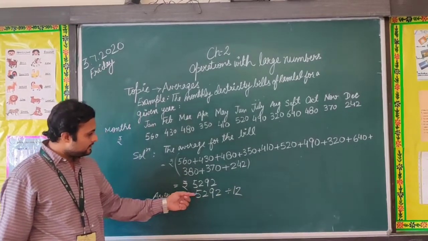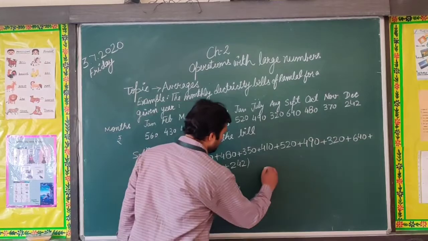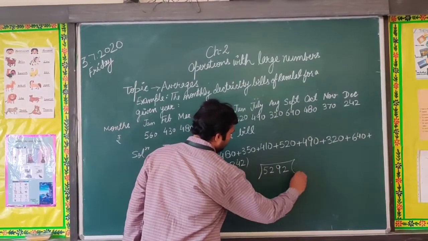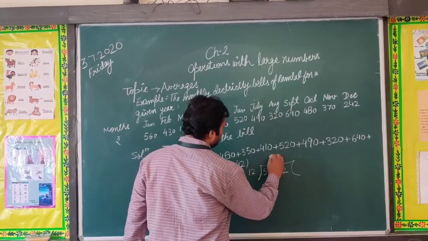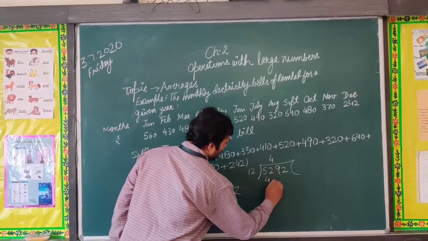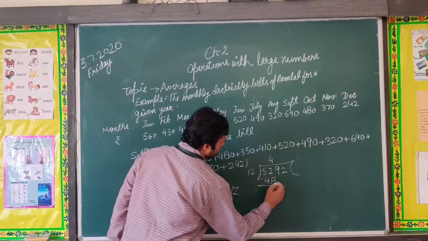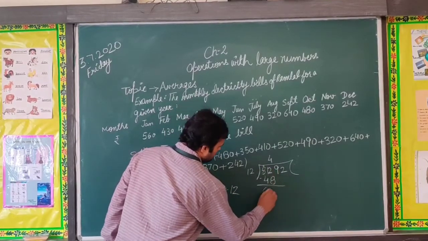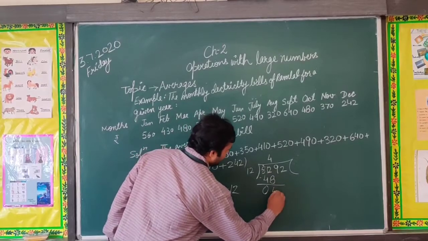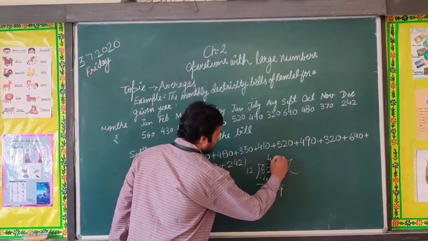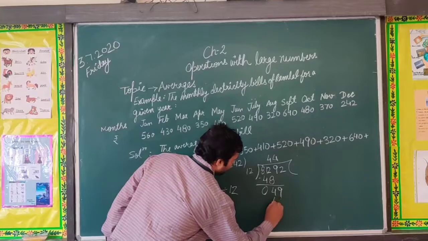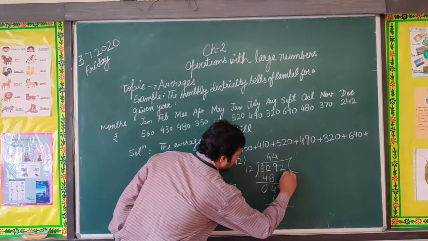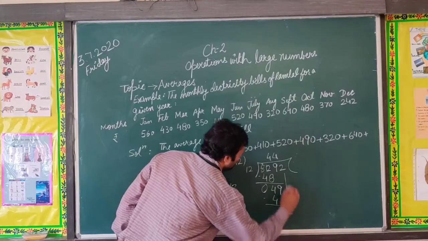When you divide, 5292 divided by 12. 12 fours are 48, minus 4, 0, 12, again, 1, you take 2 1.